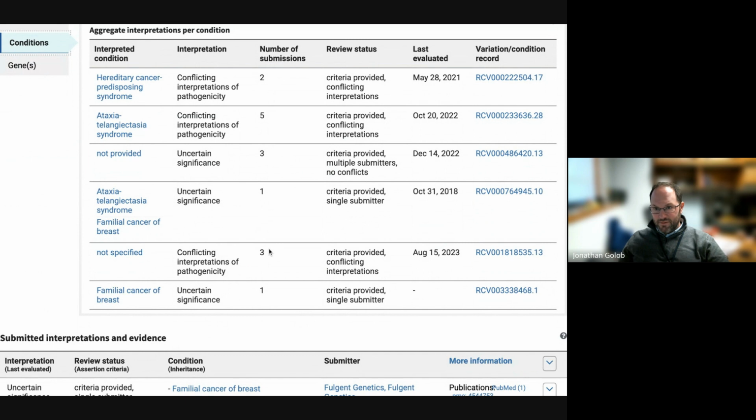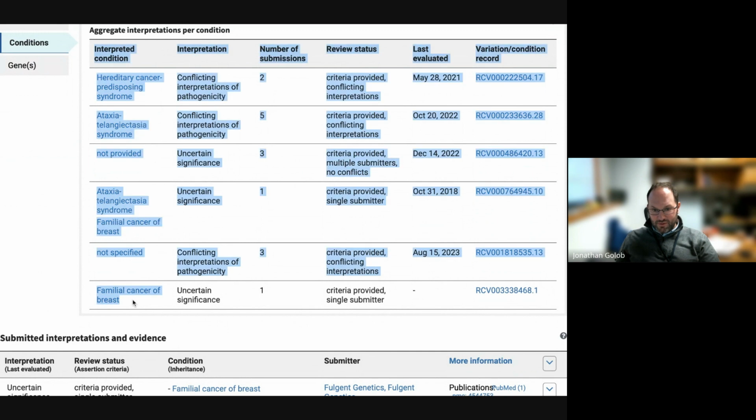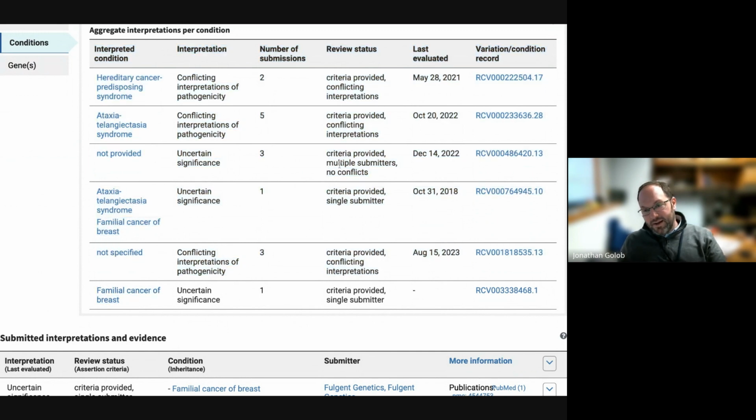So 3 of the submissions, 3 different projects that all had sequence data that showed this mutation, they didn't even specify what they were looking for. Like, why did they do the genomic sequencing, right? Whereas this study, these studies said, hey, we're looking for cancer predisposition syndromes, or likewise a familial history of cancer of the breast.